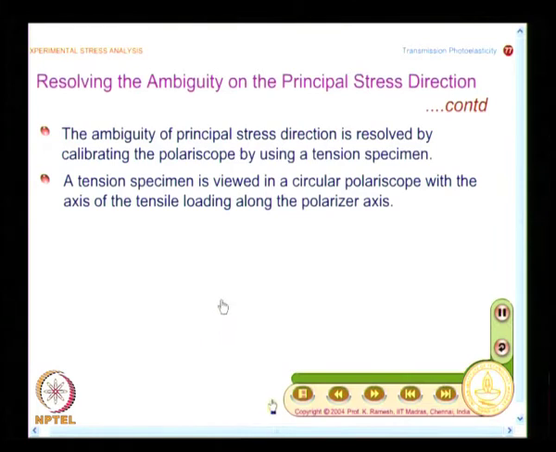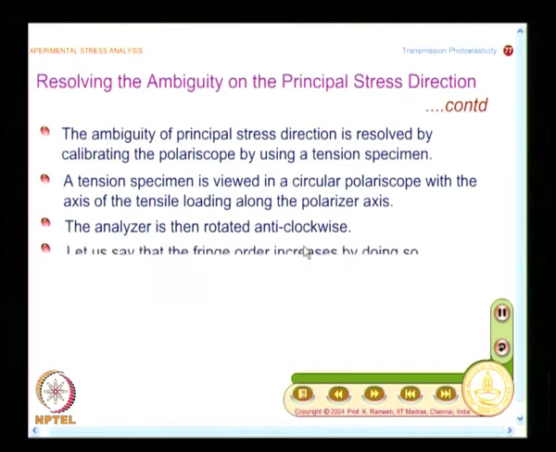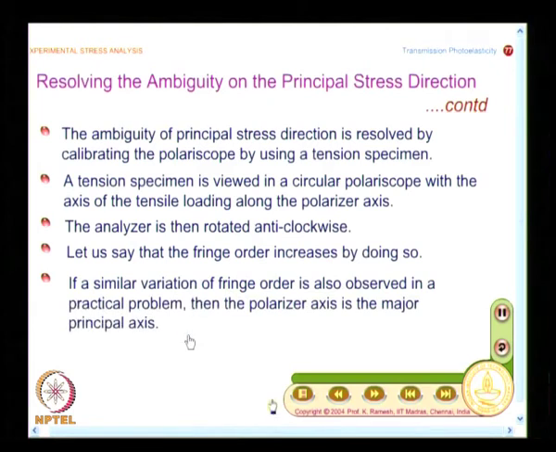So, what I do is I have the analyzer rotated anti-clockwise, then I observe how the fringe order changes. Let us say that the fringe order increases by doing so. Then what I understand is, since the original major principal stress direction was along the polarizer axis, and when I rotate the analyzer anti-clockwise the fringe order has increased, I keep this as a base information.